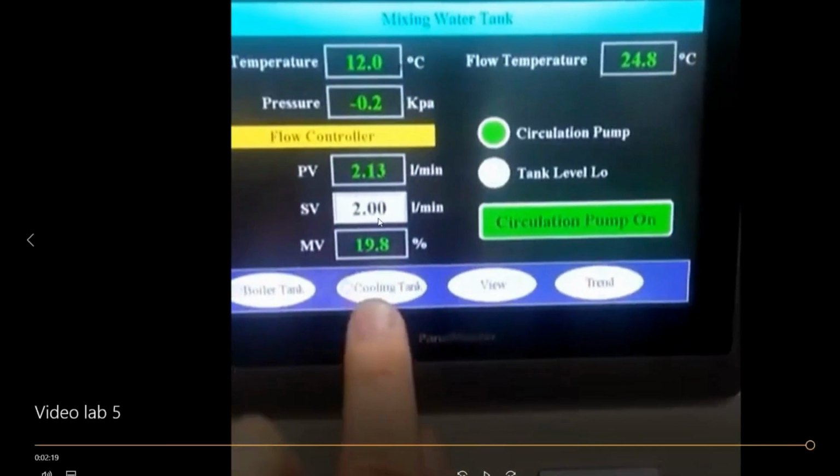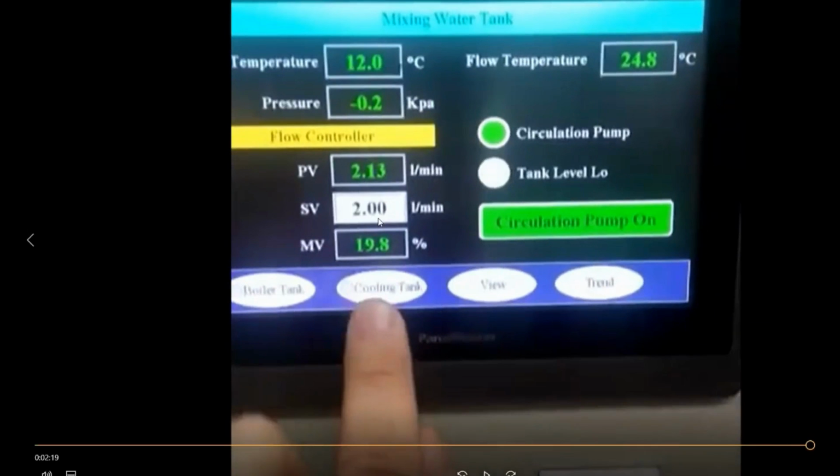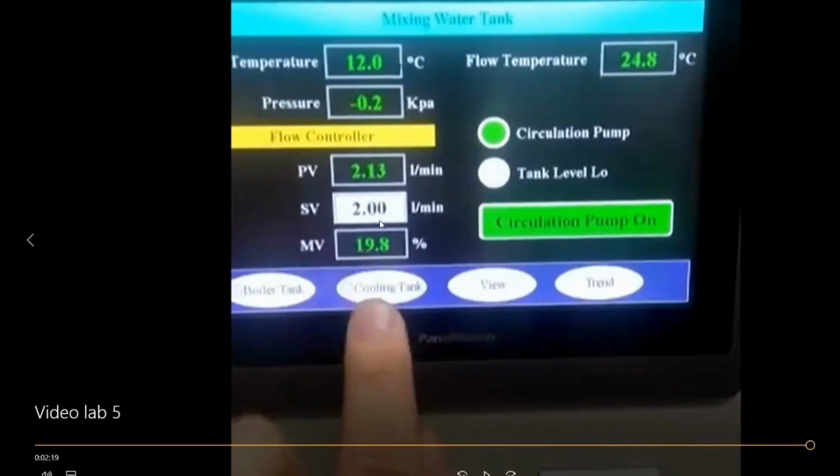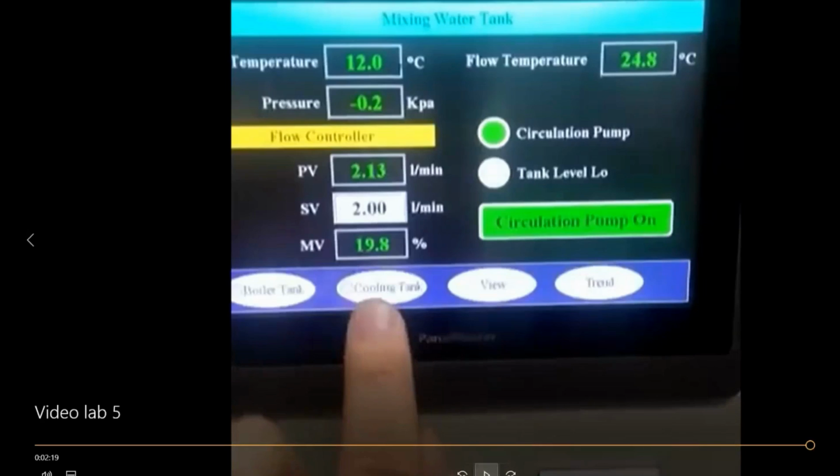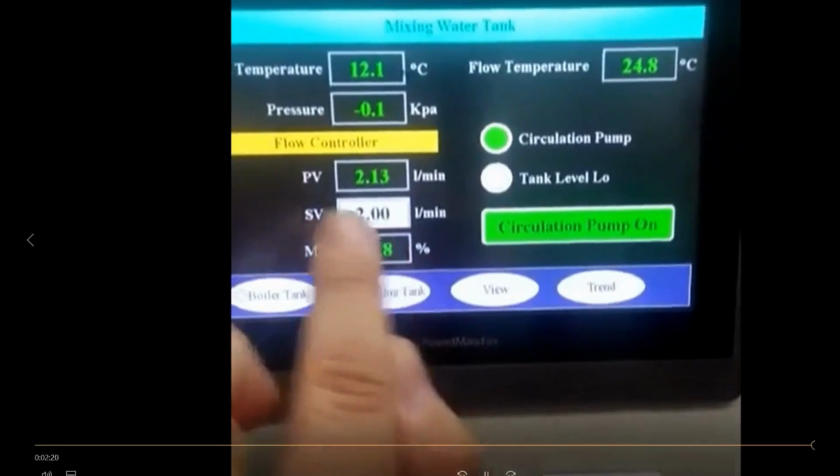Initially it is 2 liter per minute. You need to add, for example, 0.6, so you need to adjust from 2 to 2.6 liter per minute in the mixing tank.